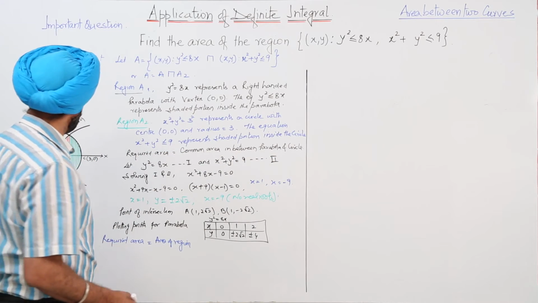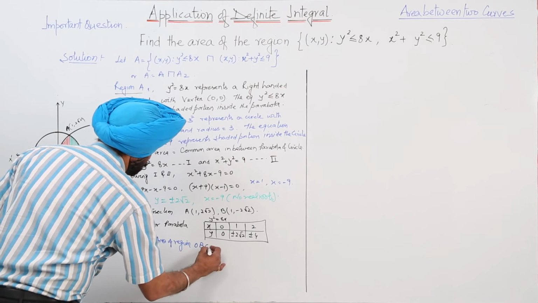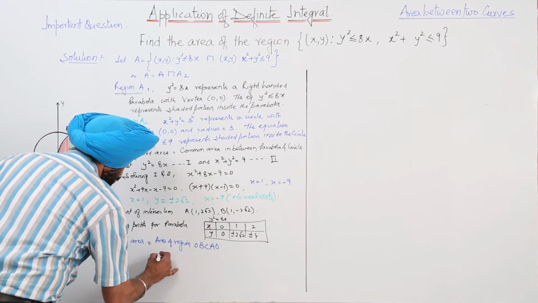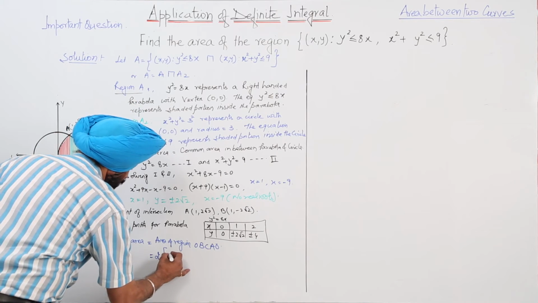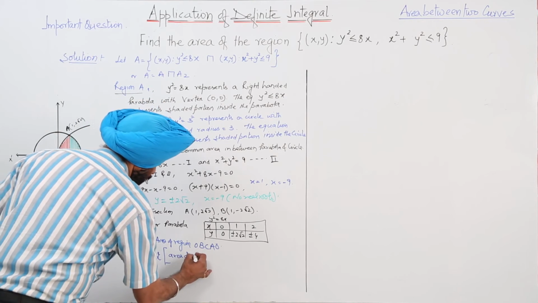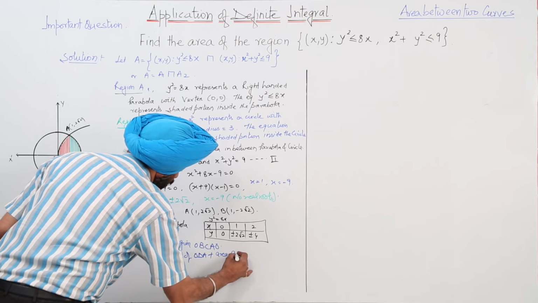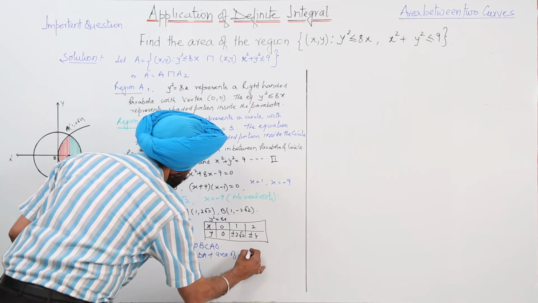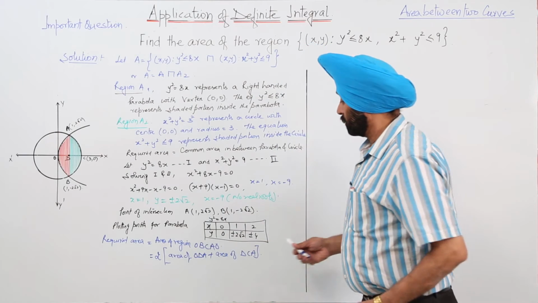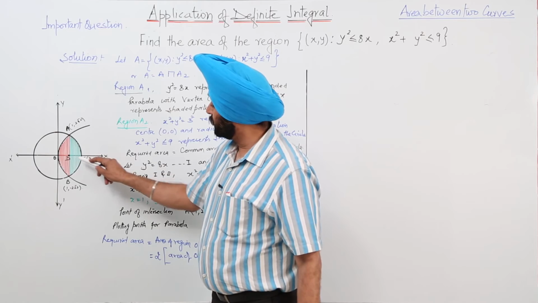So the required area is equal to the area of region O, B, C, A and O. Or this can be written as twice of the area of ODA plus the area of DCA. You can check it. Just check it.